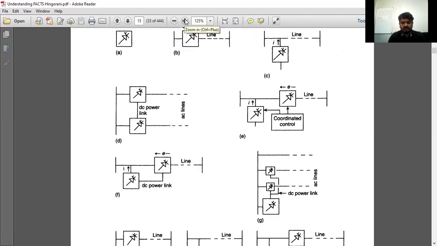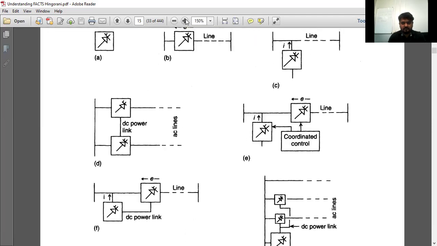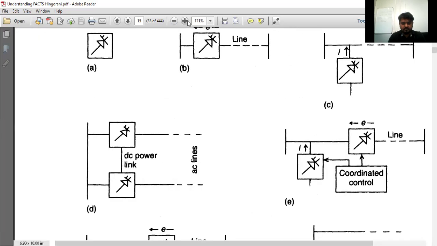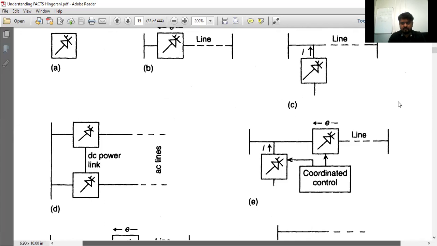Okay, this one is better, I think. Okay, see here, upside.